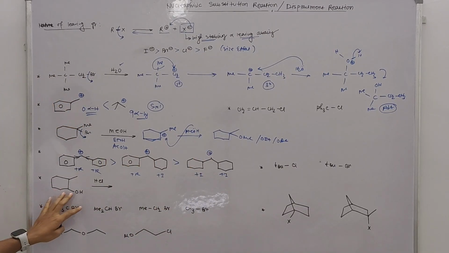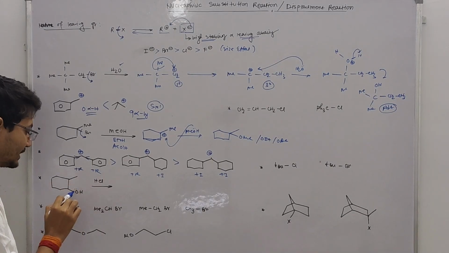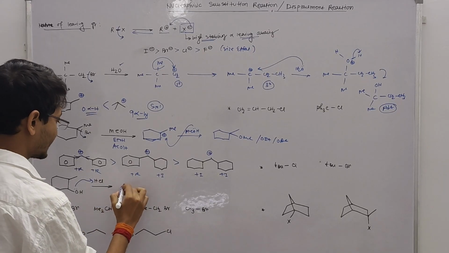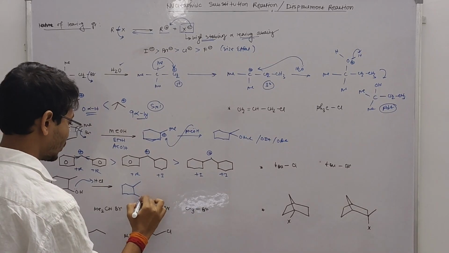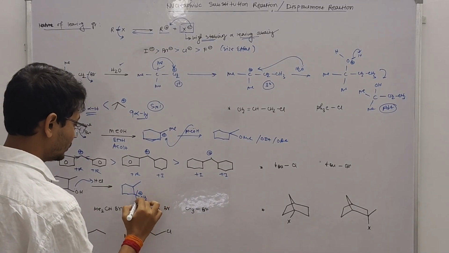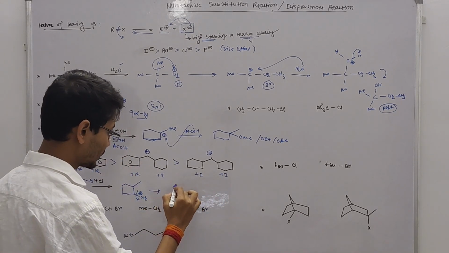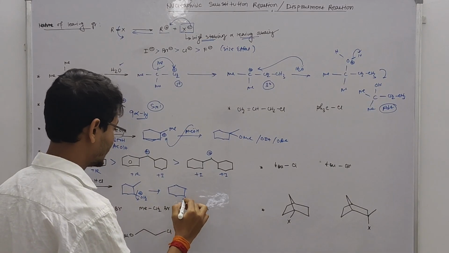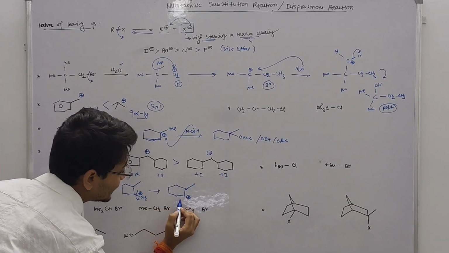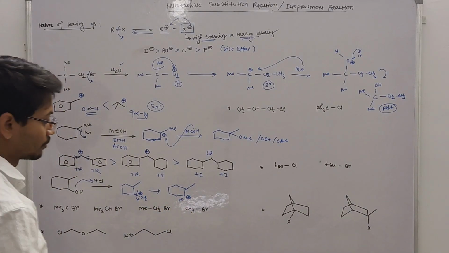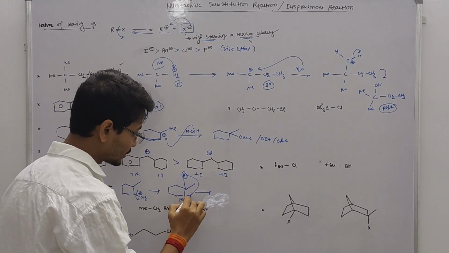Now in this case, you have to write down the product again. First, the oxygen lone pair is there, and acid is there, so it will take the acidic proton from the HCl and generate OH2 positive charge. This is a good leaving group, so it will leave from the system. First you have to make a good leaving group, and then it will generate a carbocation. As you can see, this is a 2 degree carbocation, but here one hydrogen is there, and that hydrogen is shifted here.